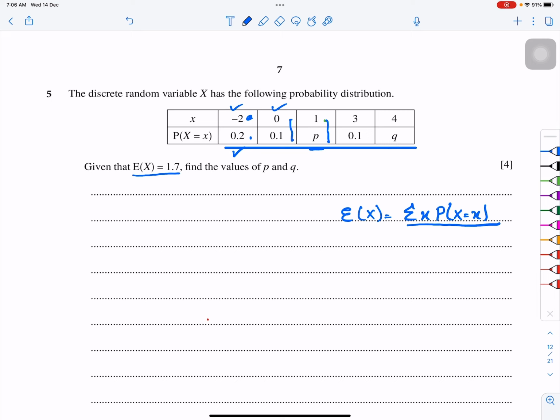And then what is variance? So variance of x is equal to sigma x squared times probability of x. Now x squared only means you will square this and then multiply by probability, plus square this multiply by this probability, plus square this multiply by this probability and so on, minus mean square.